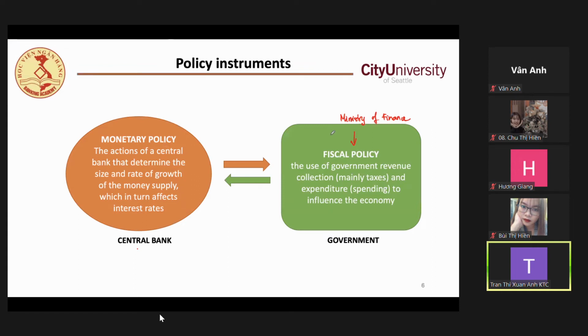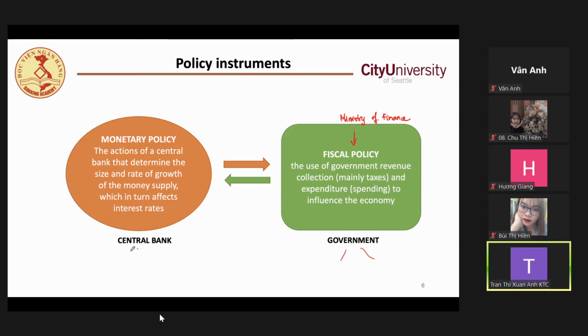Fiscal policy focuses on the use of government revenues, which I have mentioned: tax, borrowing, issuing money, and expenditures and spending to impact the economy. In this case, the government can use some instruments, let's say issuing bonds, but that belongs to the revenue and spending of the government.